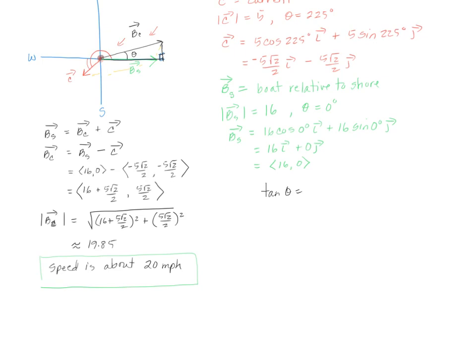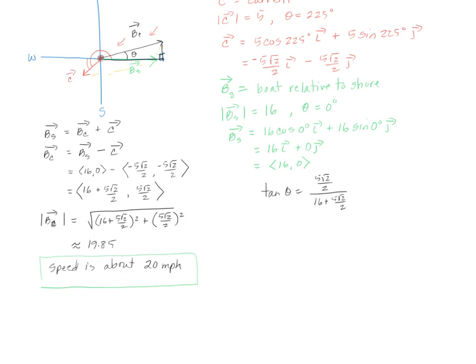Okay? The side opposite, that would be the y value of my vector, which would be 5 square root of 2 over 2, over adjacent, that would be the 16 plus 5 square root of 2 over 2. So these are just the components, x and y, from my vector.